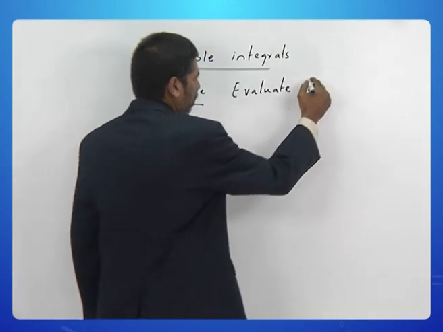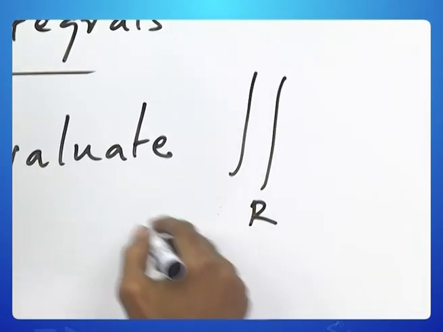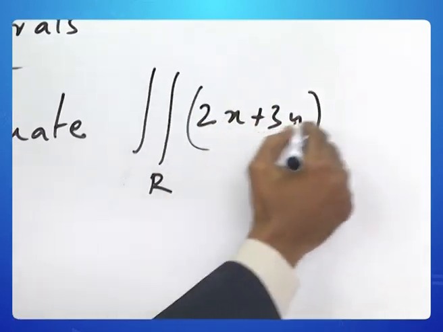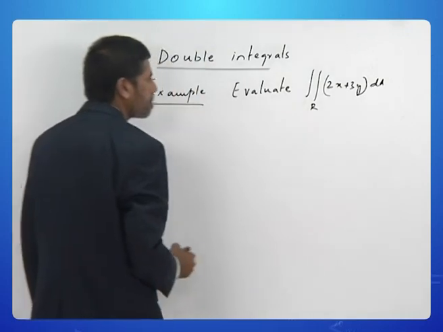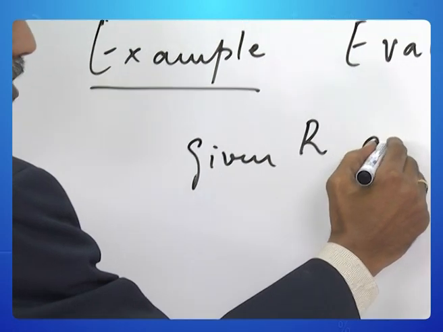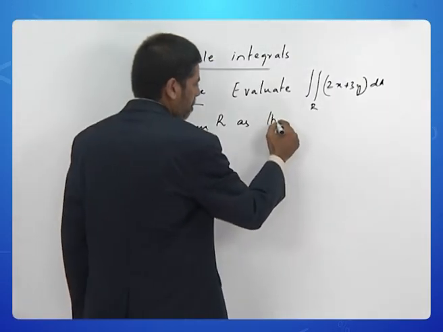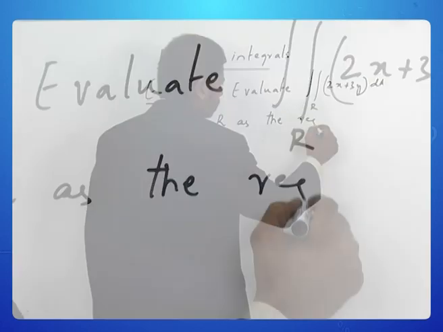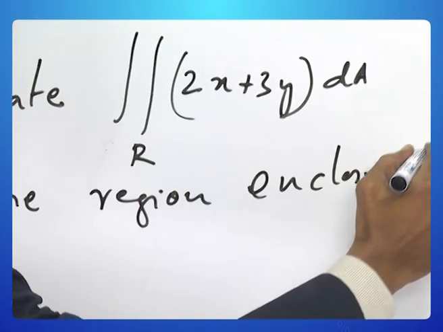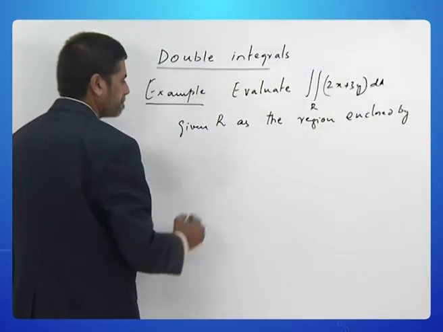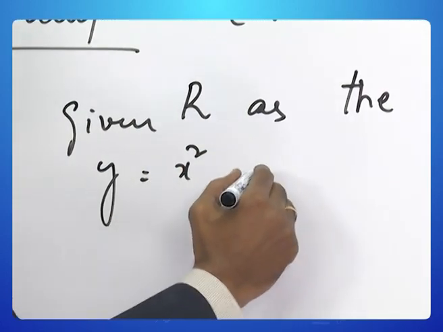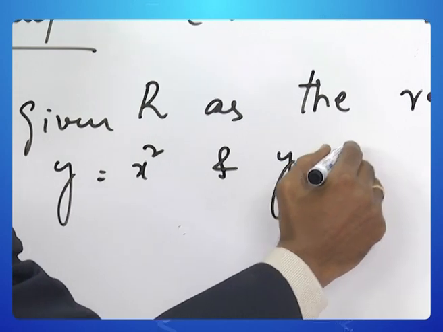Suppose the problem is to evaluate the double integral of 2x plus 3y dA, given R as the region enclosed by y is equal to x squared and y is equal to x.